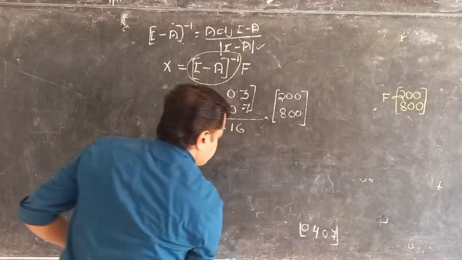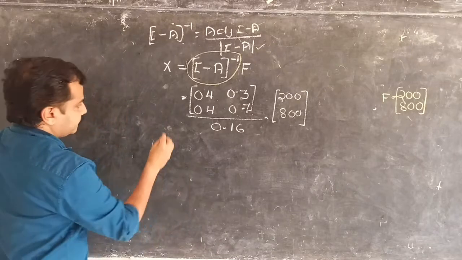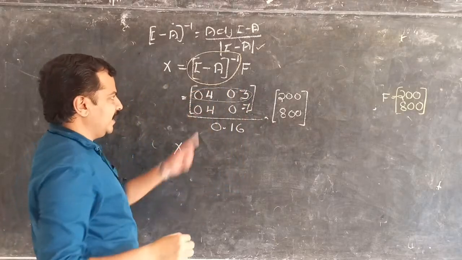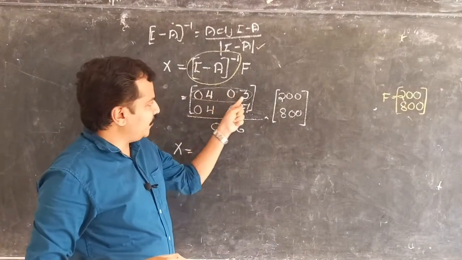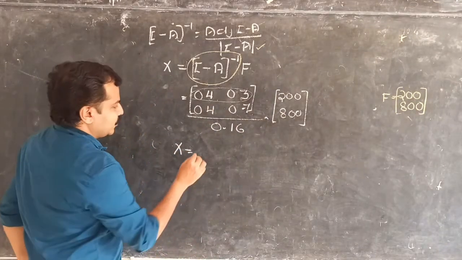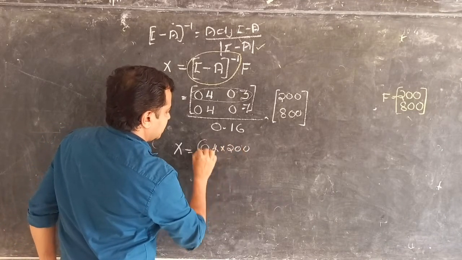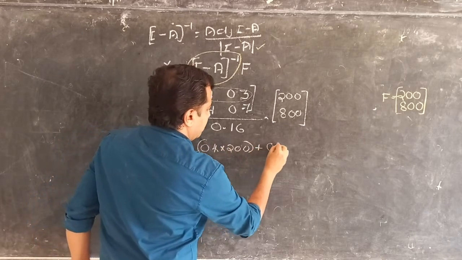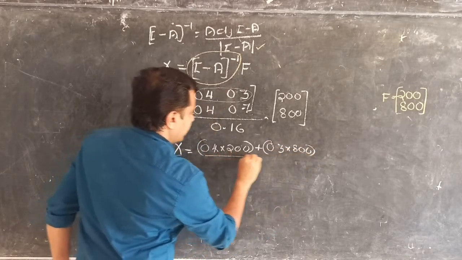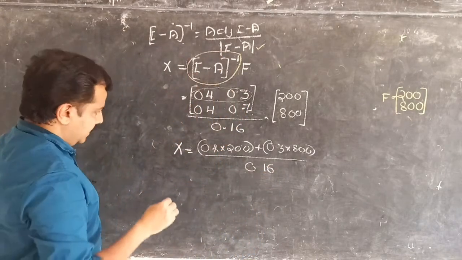So now we need to simply solve this equation by using the matrix multiplication method. So x will be equal to, how to multiply the matrix with a vector? Multiply each element of the row with the column, and do not forget to divide it by 0.16. So the answer will be 0.4 into 200, we just put a bracket here, plus 0.3 into 800, whole divided by 0.16, because it should be divided by the determinant.